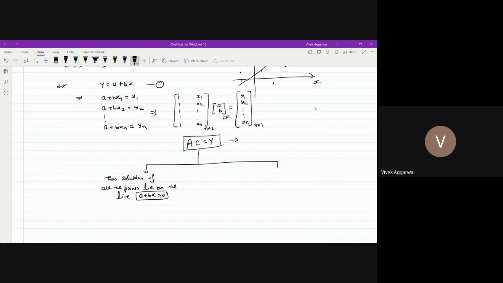But in our case that is not true. This system has no solution if some points don't lie on the line, so that we know.